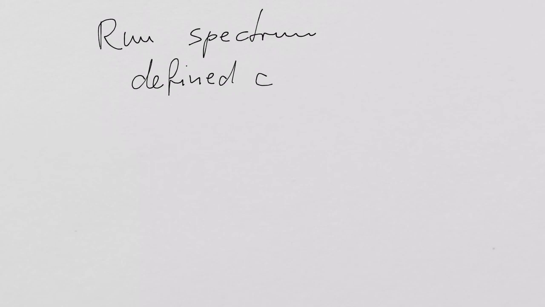So what they do is they actually measure a defined concentration with a defined path length, and they measure the absorbance. Remember? Absorbance equals C times D times epsilon.